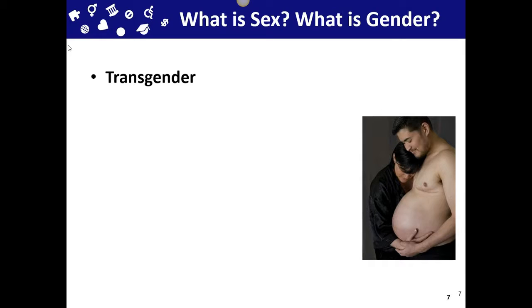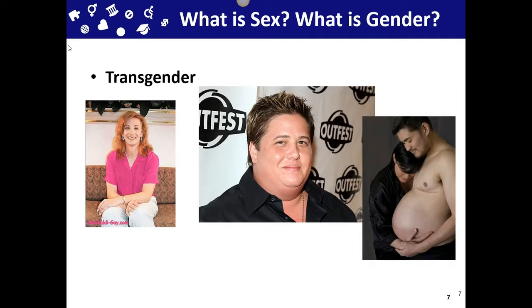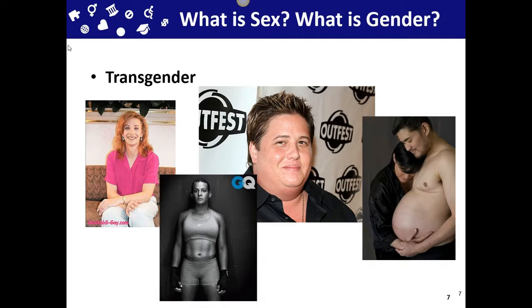So here's Thomas Beatty, biologically born female, therefore able to carry and birth a child. However, his gender is as a man. This is Amanda Simpson, the first transgender presidential appointee, Chaz Bono. And here we have Fallon Fox, an MMA fighter.